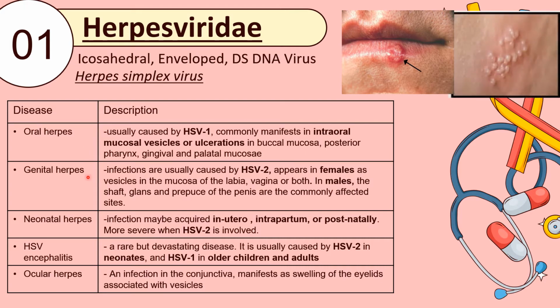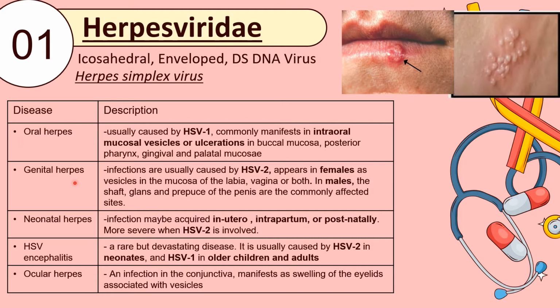Next is your genital herpes. Your genital herpes, on the other hand, is usually caused by herpes simplex virus type 2, which appears in females as vesicles in the mucosa of the labia, vagina, or both, and in males in the shaft, glans, and prepuce of the penis.